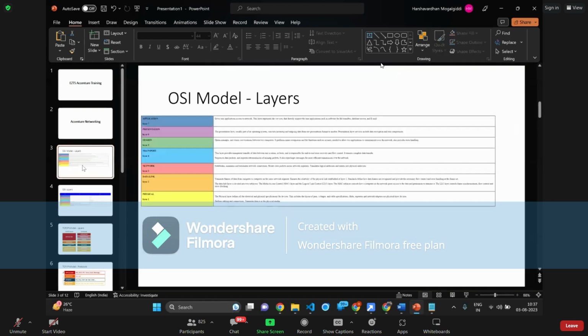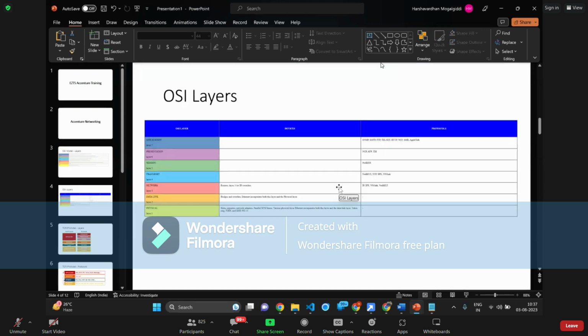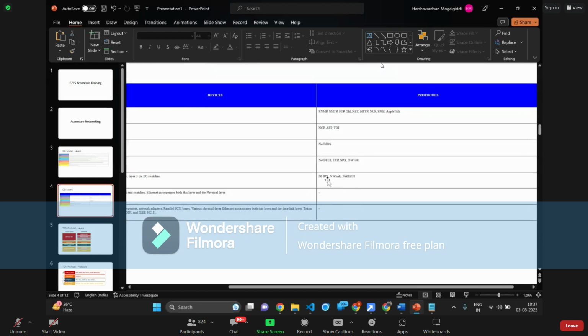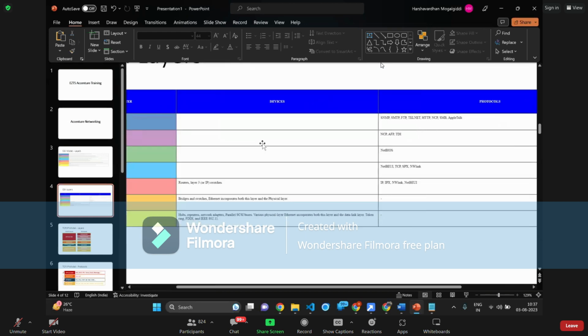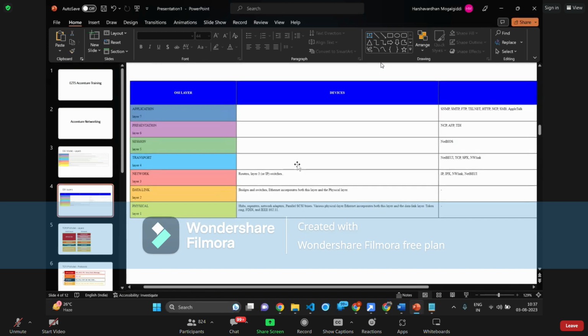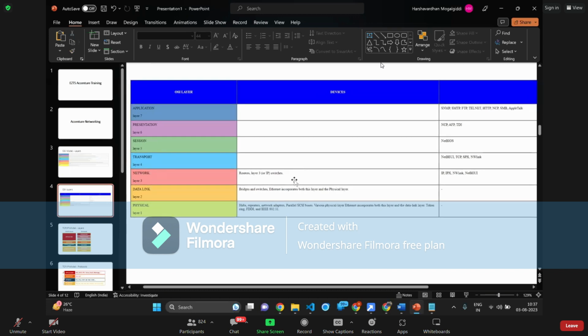Now that we have successfully completed what OSI layers are and what OSI layer devices are, let us move on to the protocols of OSI. There are no protocols that you'll be using for physical and data link layer, because it is more a physical device that ensures the transmission of data.